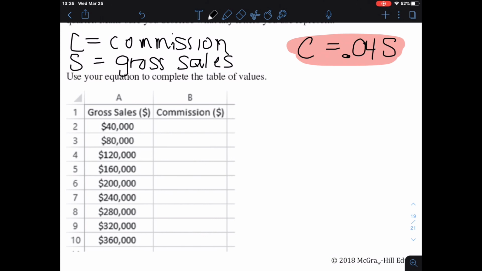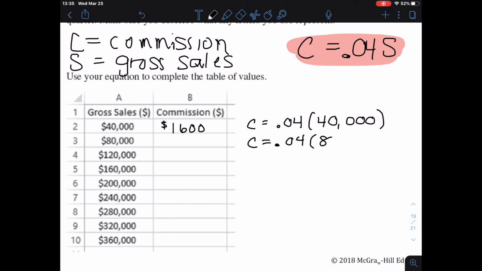So her commission will equal 0.04 times her gross sales, which is 40,000, because she's getting 4% of the 40,000. So she's going to make $1,600 in commission. If she sells 80,000, her commission will be 0.04 times the 80,000.